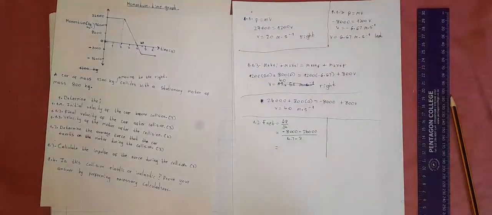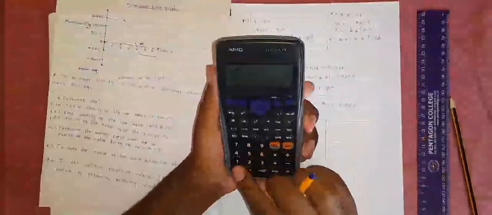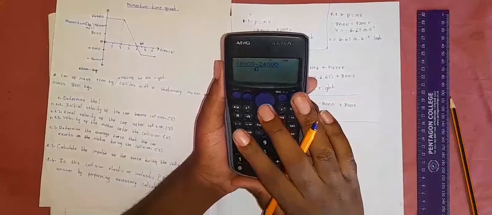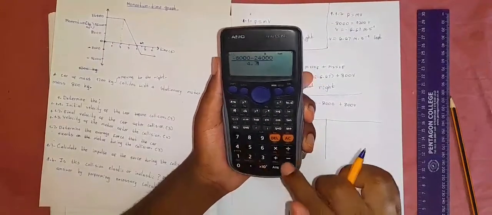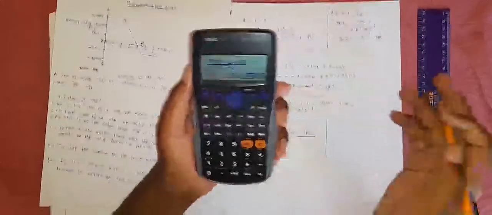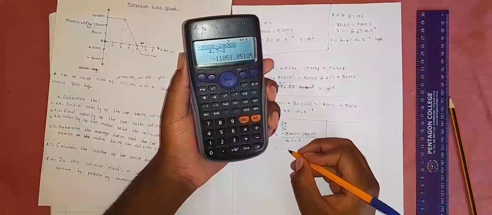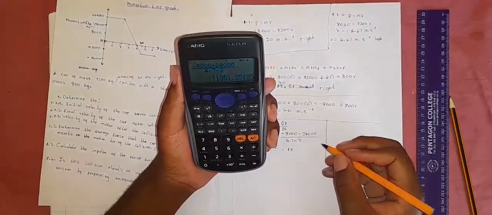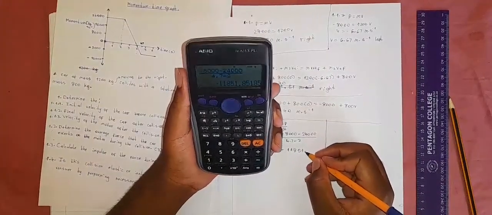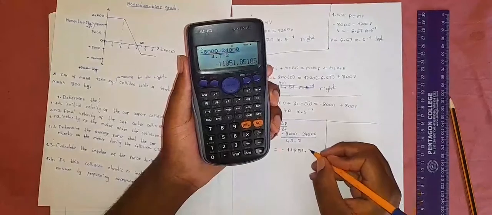So we're going to say minus 8,000 minus 24,000 over 4.7 minus 2. So it's minus 11,851.85 newtons.